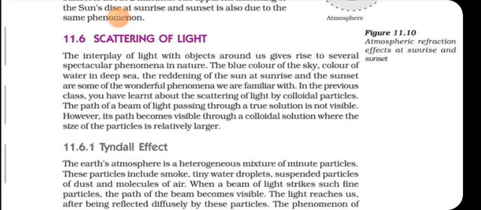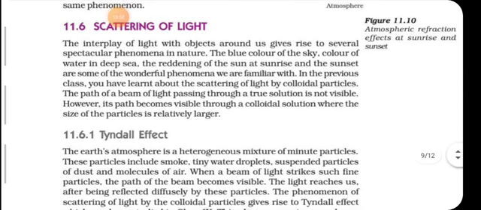At the sunrise or the sunset, the sky looks red in color, but in the noon or in the afternoon, the sky looks blue in color. We are familiar with it.